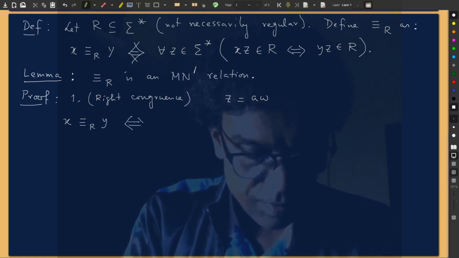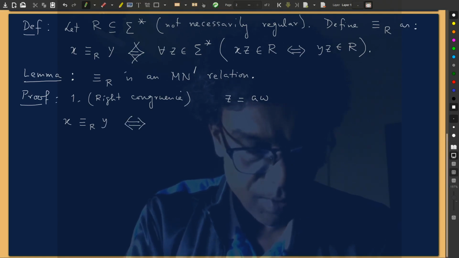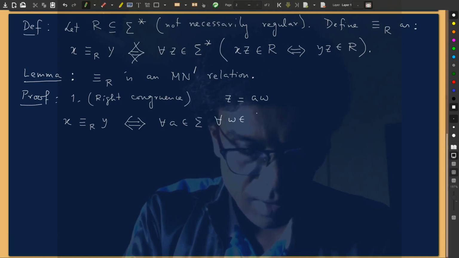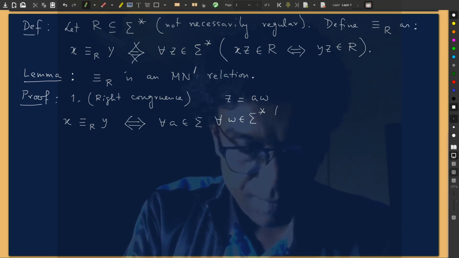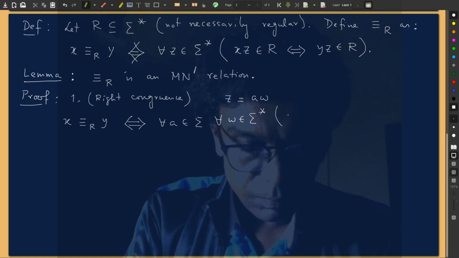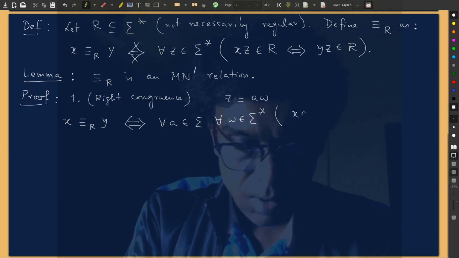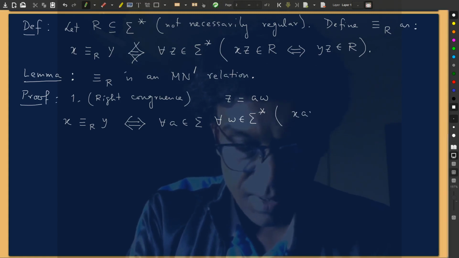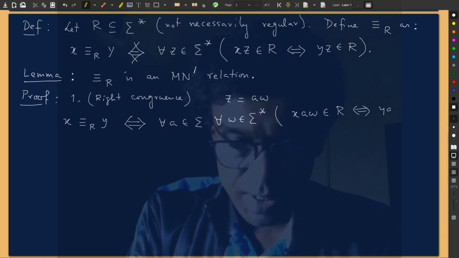Since a and W are arbitrary, I can say that for all a in sigma and for all W in sigma star, I have, replacing z by aW, xaW is in R if and only if yaW is in R.